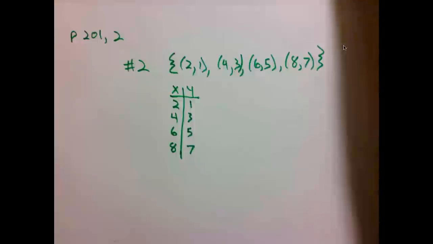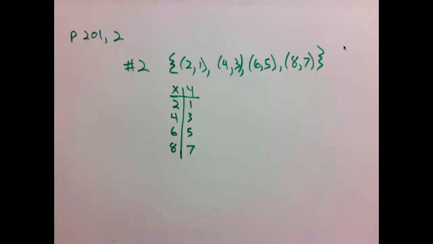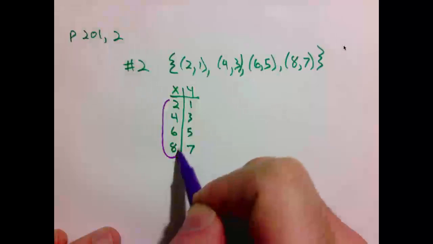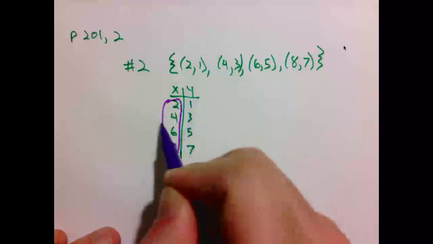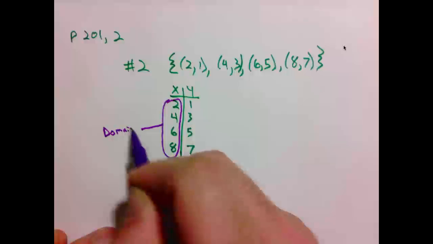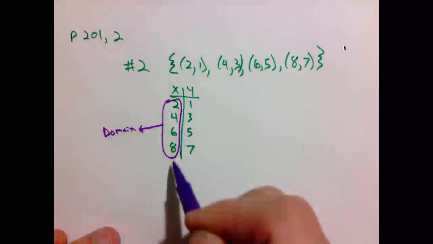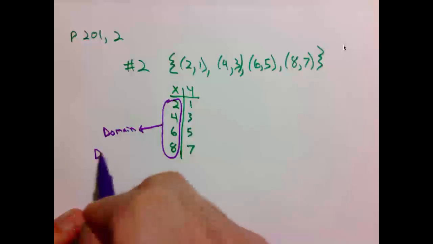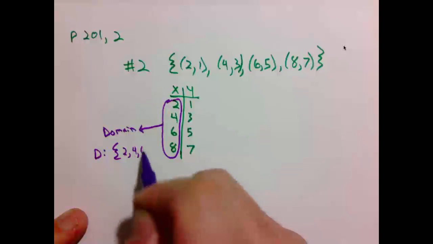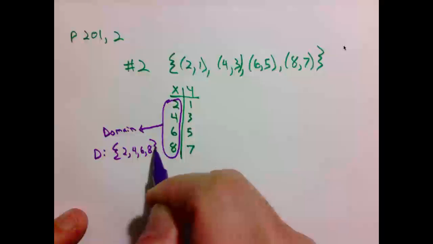Well, it asks us to list the domain and range. The domain is the set of X values. This is my domain. 2, 4, 6, and 8. One way we would write it is D colon 2, 4, 6, and 8.